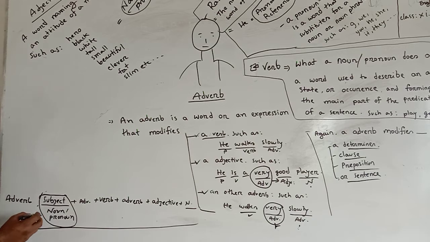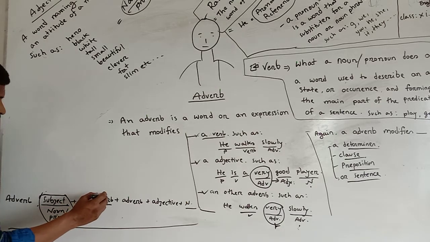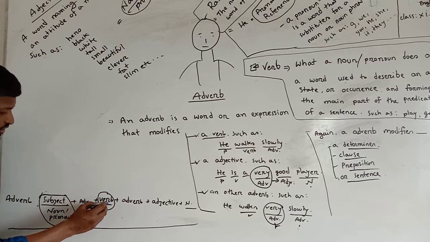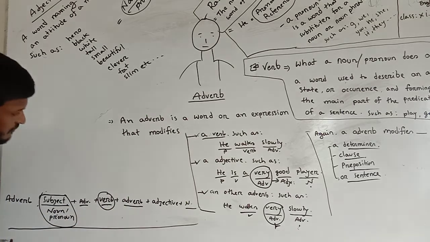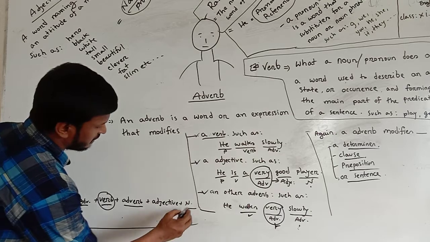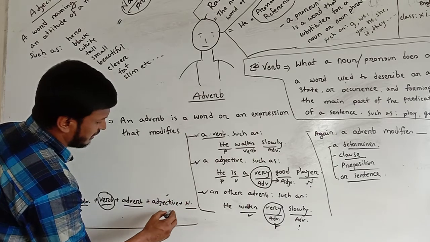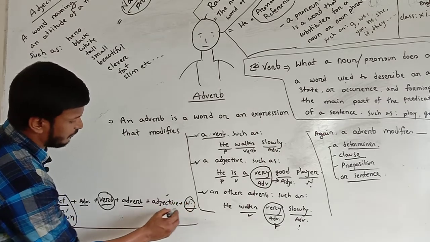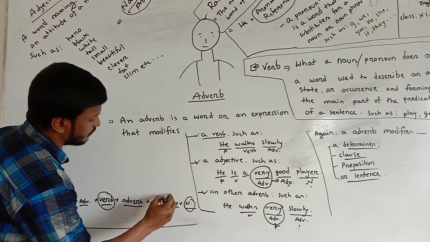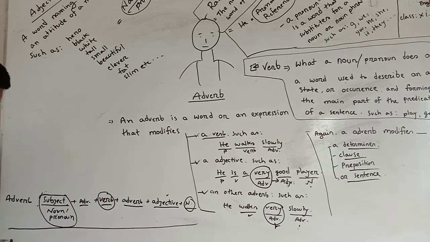So the subject of a sentence will be a noun or pronoun, and we know that after the subject we use a verb. The verb is modified by an adverb, and we can use the adverb before or after the verb. We know that an adjective modifies a noun, so before a noun we have to use an adjective.